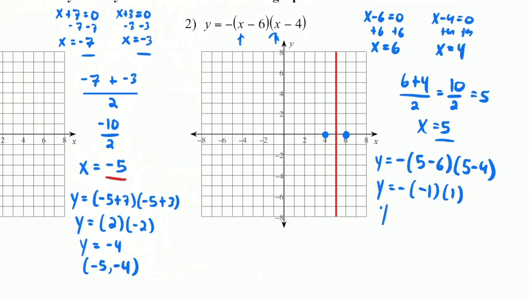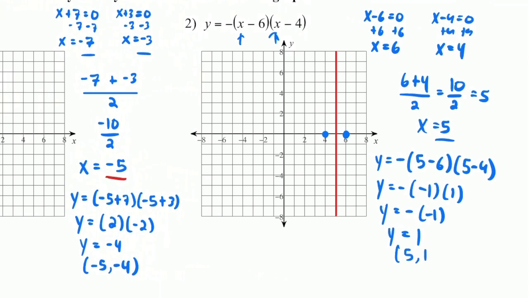So I multiplied it all out. I'll have a negative, and then I'll have negative 1 times 1, which will give me a negative 1. And then a negative negative 1 gives me a positive 1. So my vertex is going to be at the point 5, comma 1. And I go ahead and plot that here. And then just like the last question, I connect my dots to make my parabola.